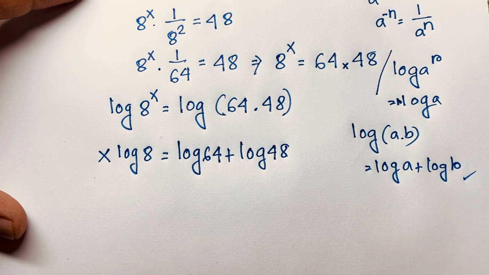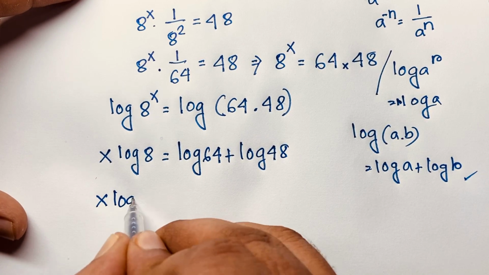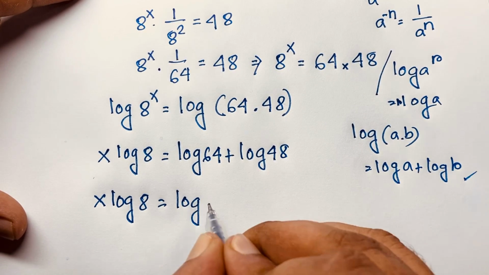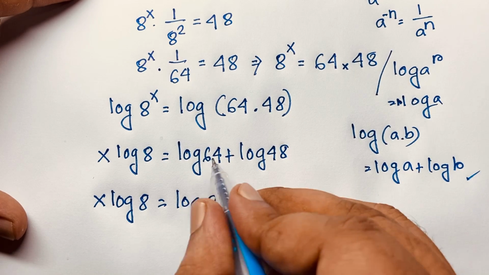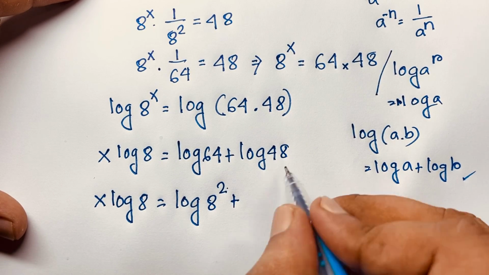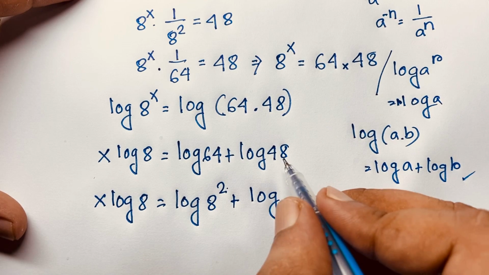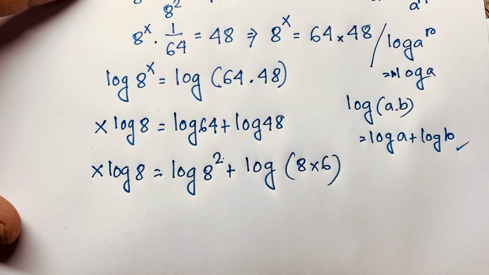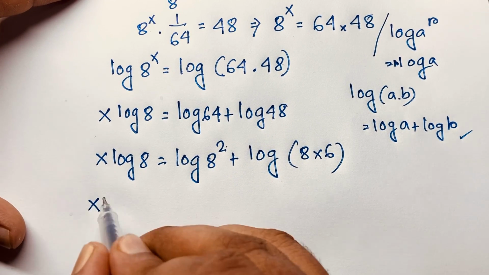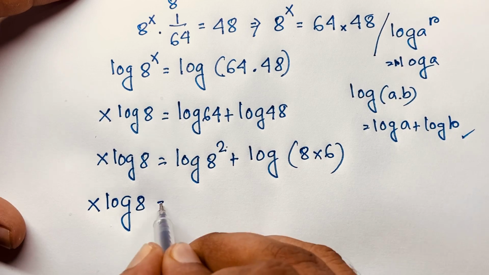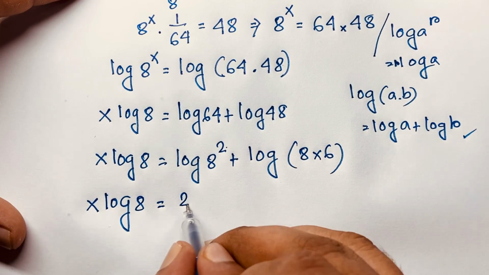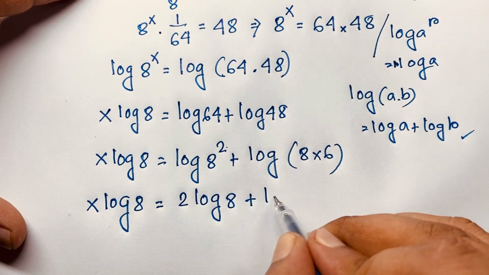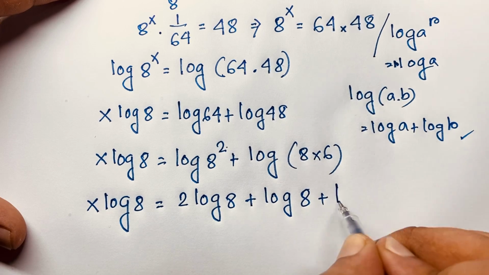Now, here x log 8. We know that log 64 is log 8 to the power 2, since 8 to the power 2 is 64. Then log 48: this 48 is 8 times 6. Now, x log 8, then this 2 moves in front, so it will be 2 log 8 plus, and we know that log of a times b is log a plus log b.